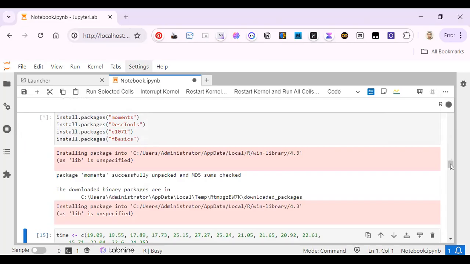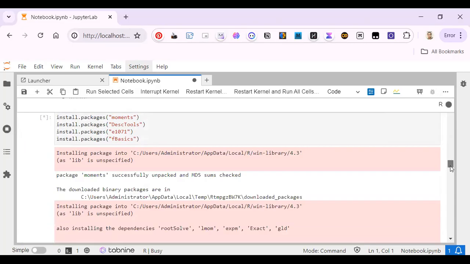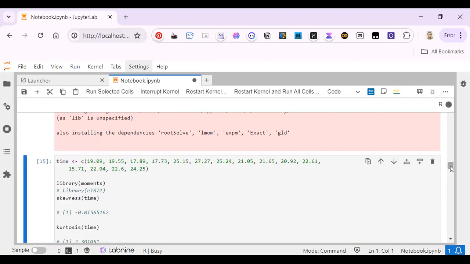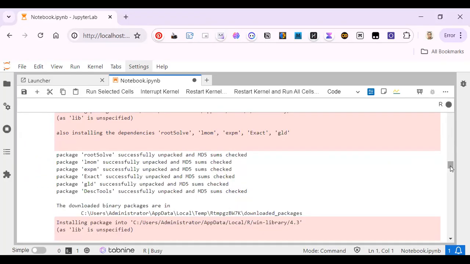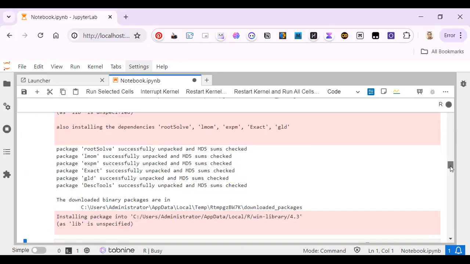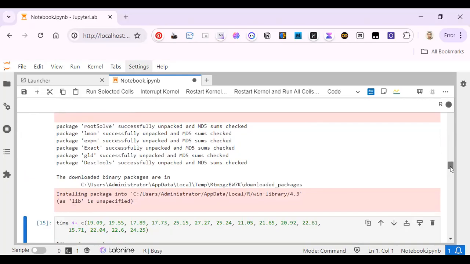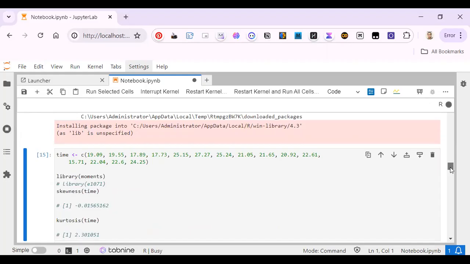Meanwhile, you can do any other task, or you can just wait for it. And one more thing I explained: while installing, you need a compulsory internet connection. After installation, without internet, you can practice.